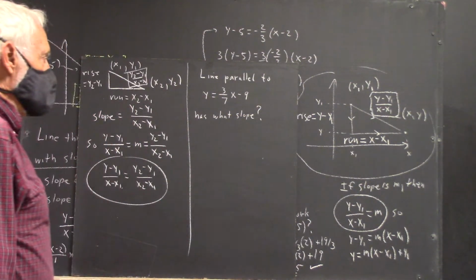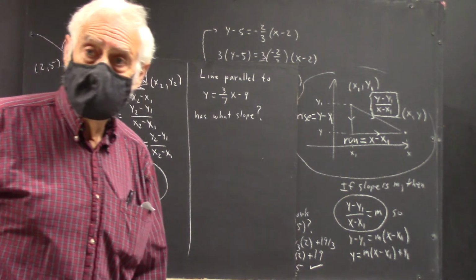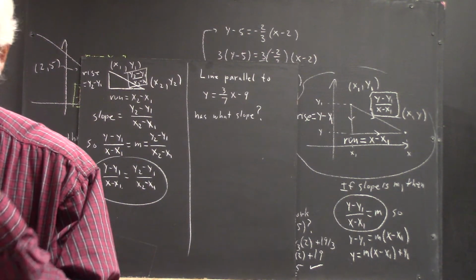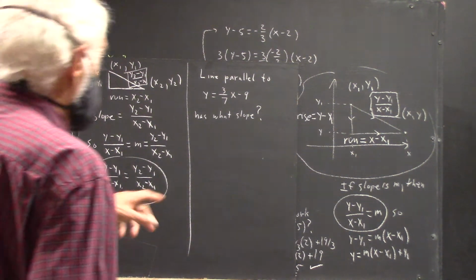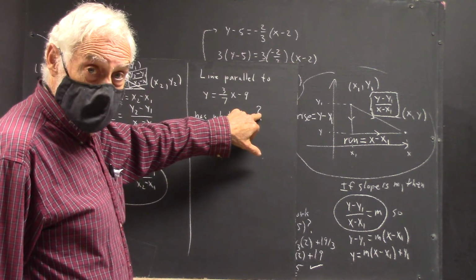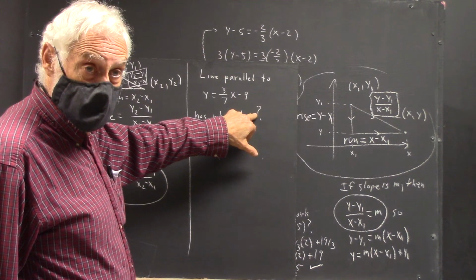What's the slope of a line parallel to this line? Well, we're almost out of time, so I'm going to tell you the slope. This is slope-intercept form. This is y equals mx plus b, right? Slope is 3/7. Y-intercept is at -9, right?